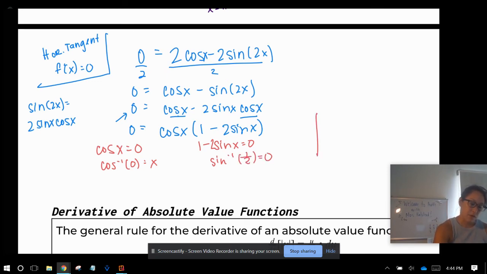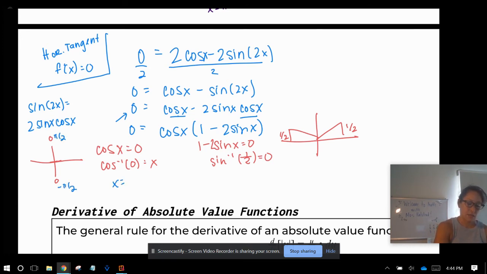So we're looking for when the sine value, or the vertical value, is equal to 1/2, and when the horizontal value is equal to 0. What I'm going to do is, I remember that the cosine inverse of 0 is pi over 2 and negative pi over 2.